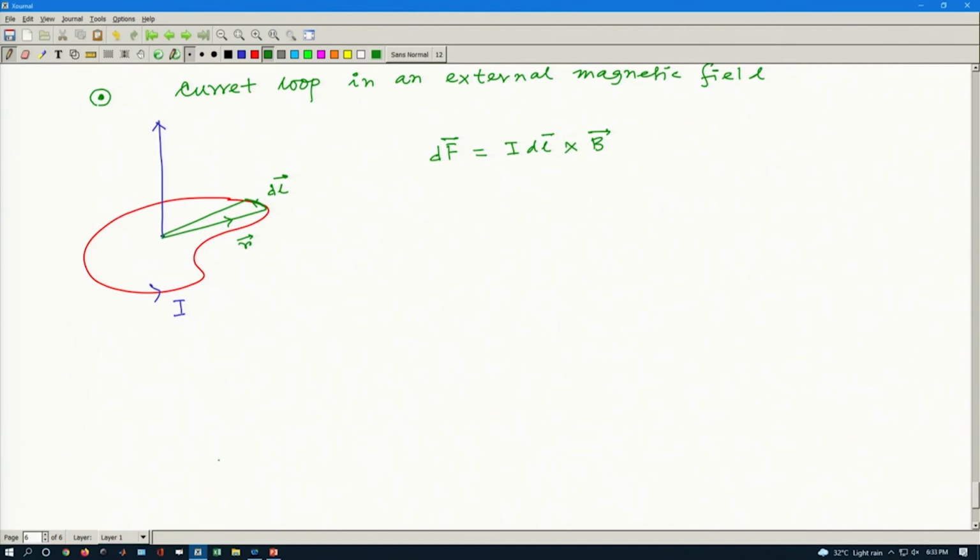Now, the torque on the planar current loop, N, is equal to r cross dF. This is the torque one can have.